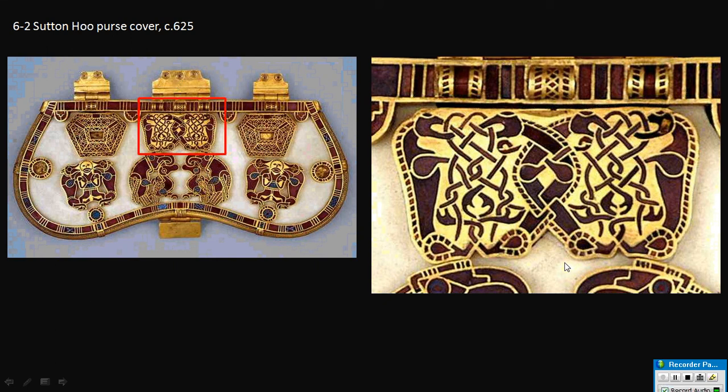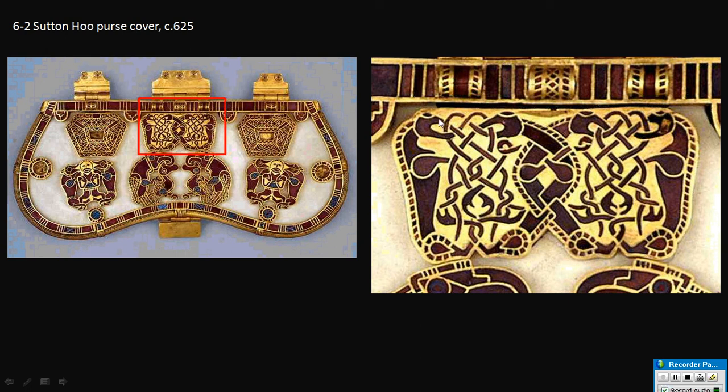What we can see here is that same interlace style that we saw on the belt buckle. Here at the top center, 2 pairs of animals interwoven. So 4 total. There's the back, sitting on its hind legs. There's the paw. There's the foreleg and its paw.